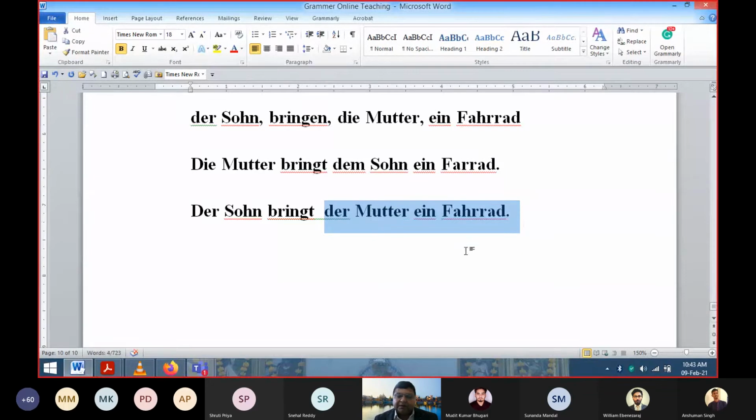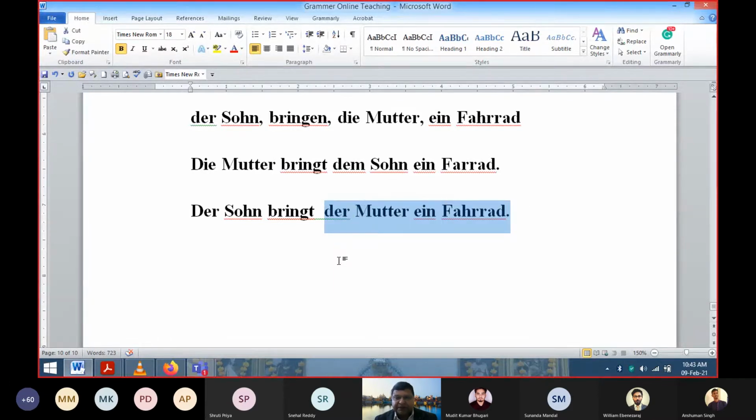But if we have already separated them, suppose I put der Mutter in the beginning of the sentence, the question will not arise. Like der Mutter, then as per rule, the verb should occupy the second position in the sentence. So der Mutter bringt, then the subject comes, der Sohn, ein Fahrrad. But if indirect and direct are coming together, then first dative, then accusative.